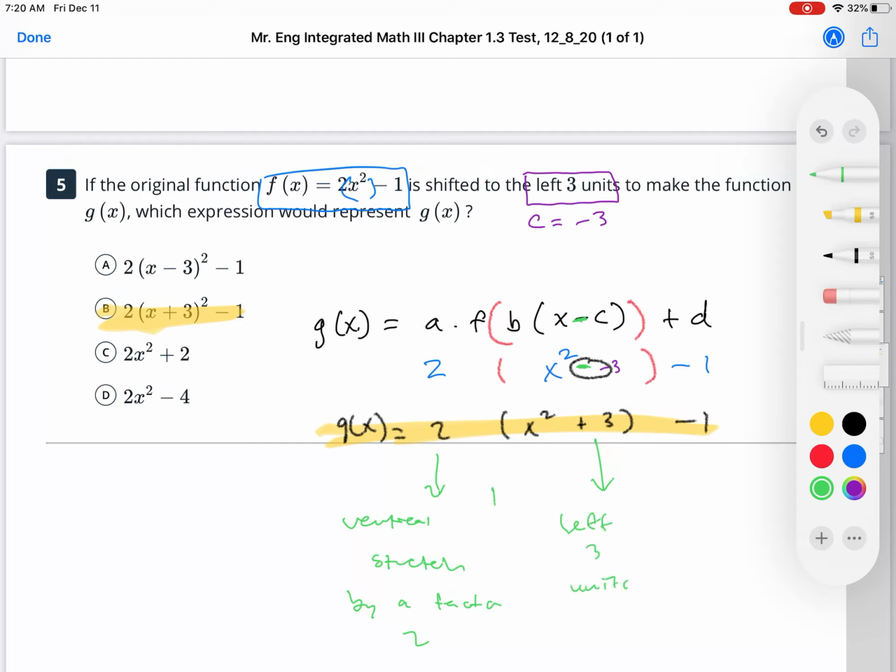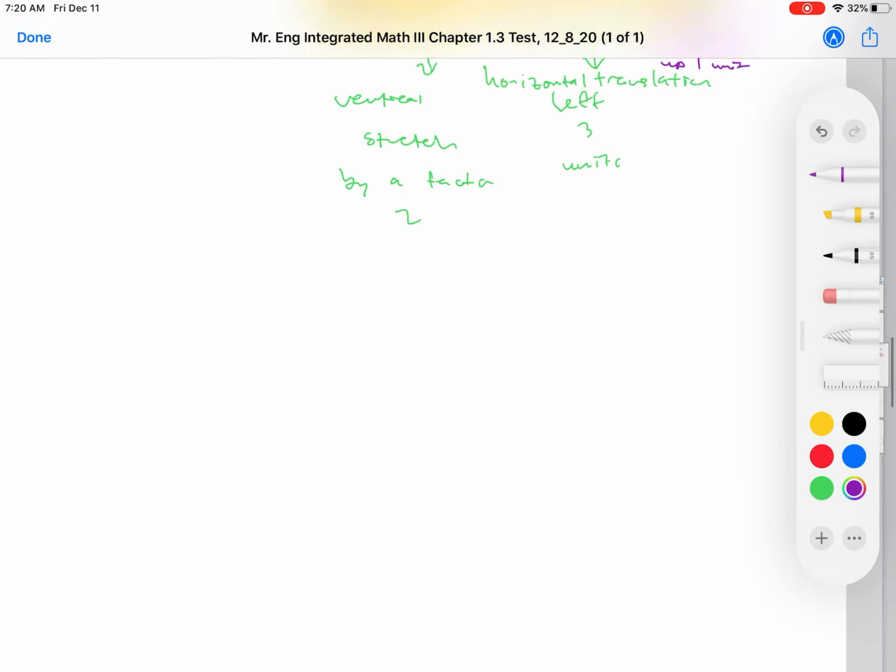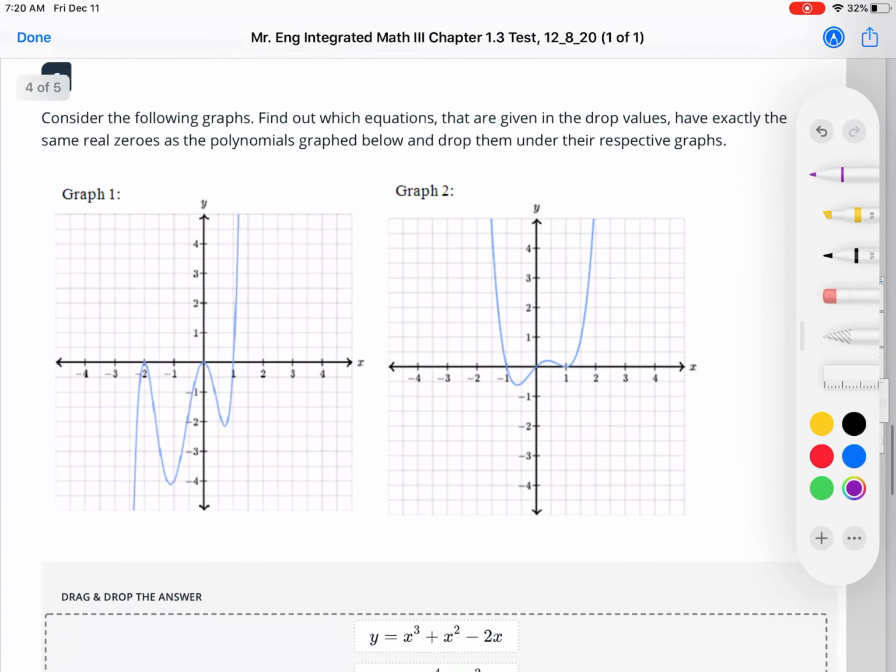Fancy words are called horizontal translations. And then the d value here just represents a vertical translation up 1 unit. Okay?